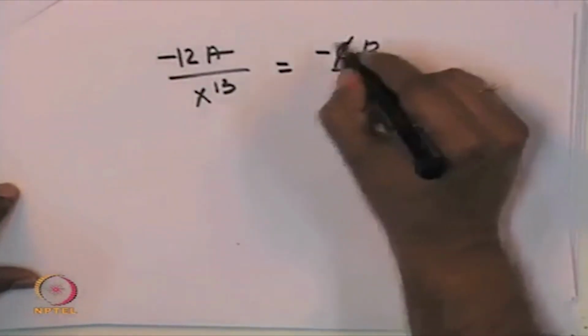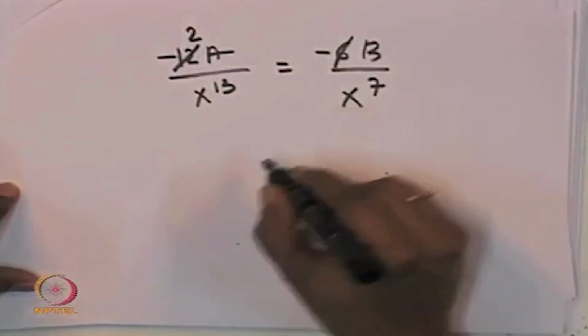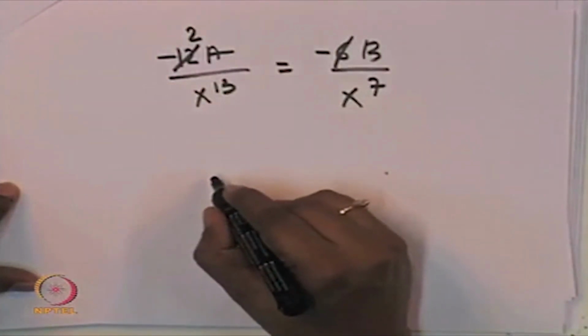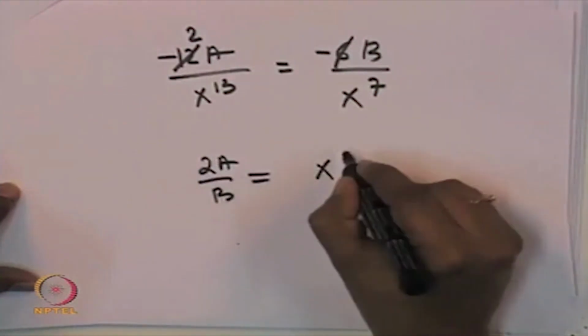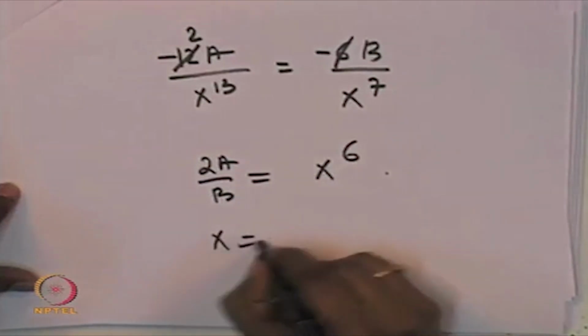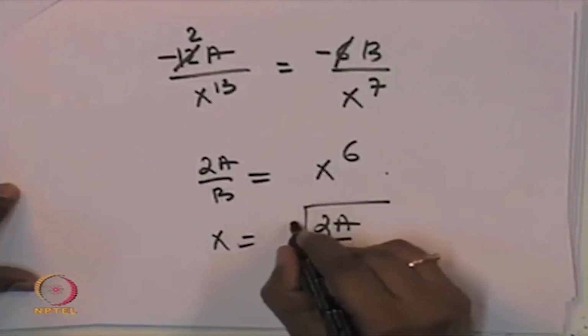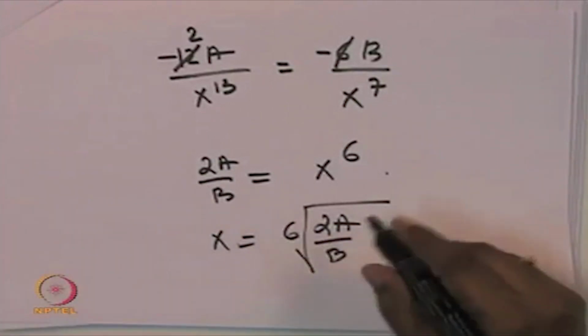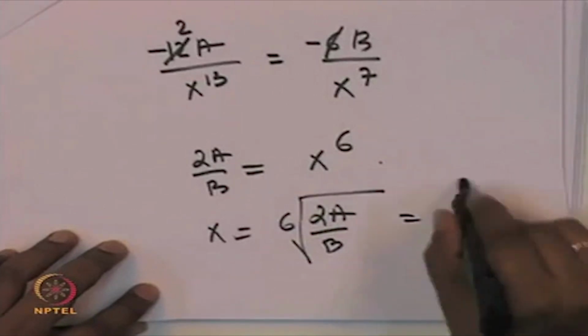I can divide this, and there are 2, and this says that 2 a by b is equal to x power 6. So, x is equal to 2 a by b whole power 1 by 6.